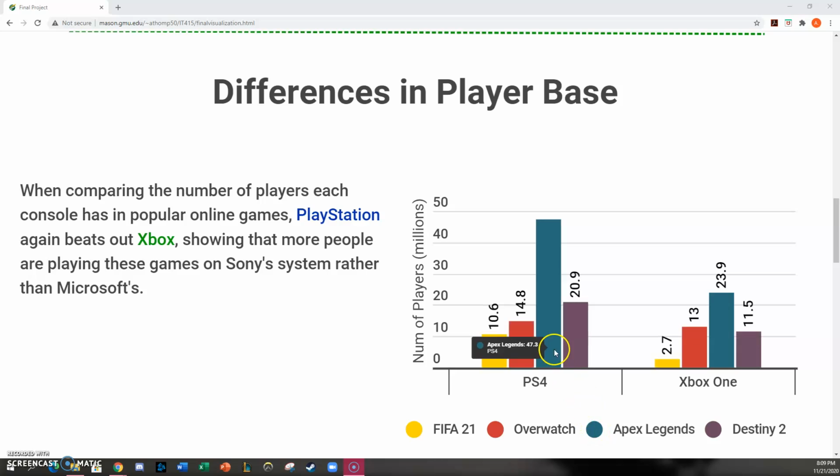And Apex Legends, if we hover over this here, has 47.3 million players there on PlayStation 4 and only 23.9 million players on Xbox One. And so again, the data here shows that PlayStation has more players on their online games, leading us to believe that it also has the more popular console.